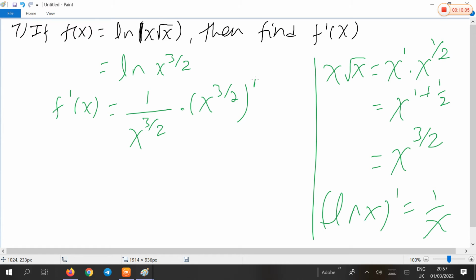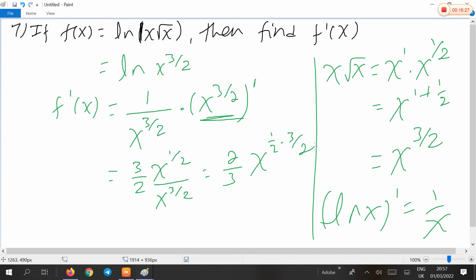The derivative of x to the power of 3 over 2 is 3 over 2 times x to the power of 3 over 2 minus 1, which is 1 over 2, or 2 over 3 into x to the power of 1 over 2 minus 3 over 2, which equals 2 over 3 times x to the power of minus 1, so it can be expressed as 2 over 3 times x.